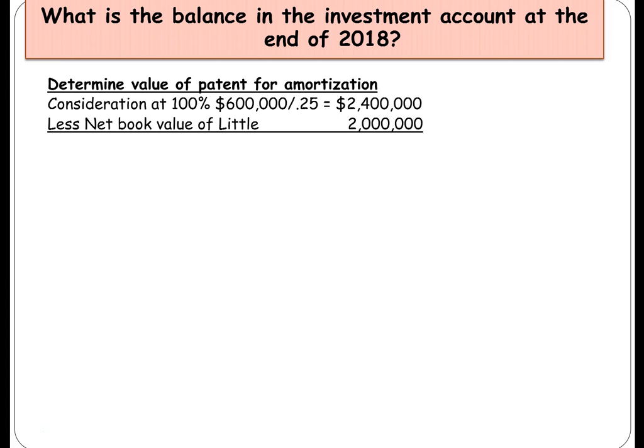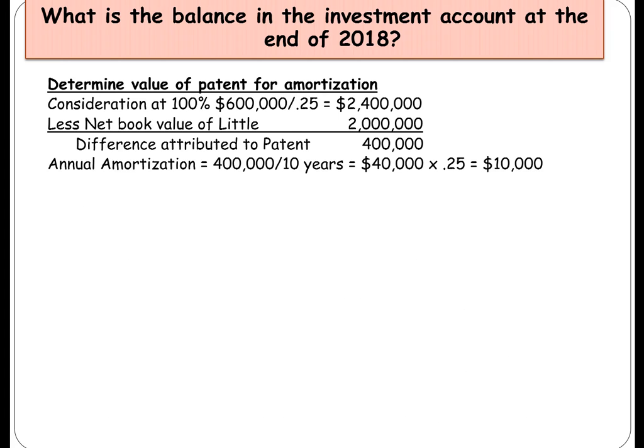I subtracted from the book value, which tells me my patent is undervalued by $400,000. I'm going to divide that by 10 years, and then I'm going to take it times 25% because that's the amount that the parent is going to be able to write off each year.